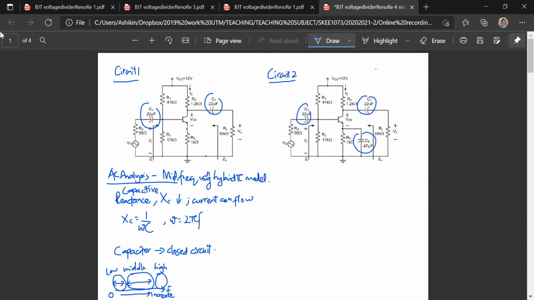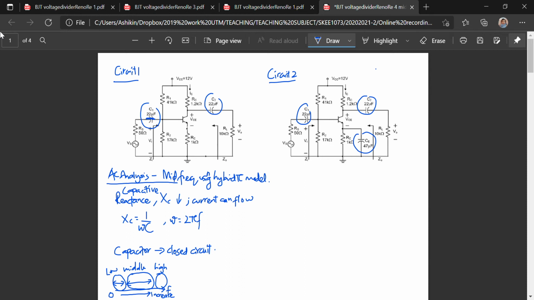Therefore, during middle frequency, since the reactance goes down so that the current can flow, we represent our capacitor with a closed circuit.